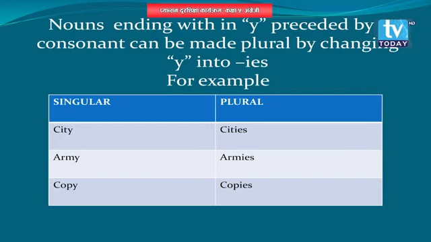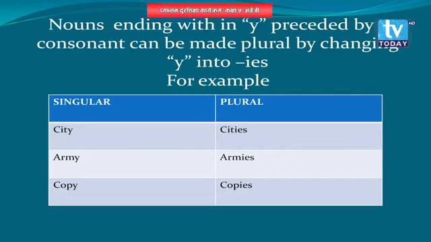Let's have a look at the slide as well. The word or noun ending with Y with a consonant letter before it is made plural by adding IES. So dear children, these are the examples we can explore here.